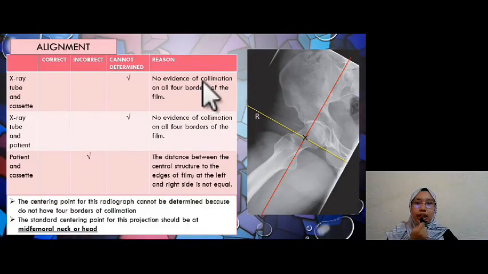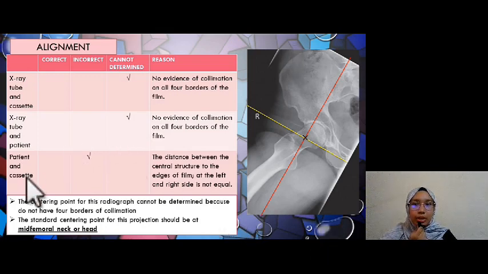Next, alignment. The alignment between X-ray tube and cassette cannot be determined because there is no evidence of collimation on all four borders of the film. The alignment between X-ray tube and patient cannot be determined too, because there is no evidence of collimation on all four borders of the film.